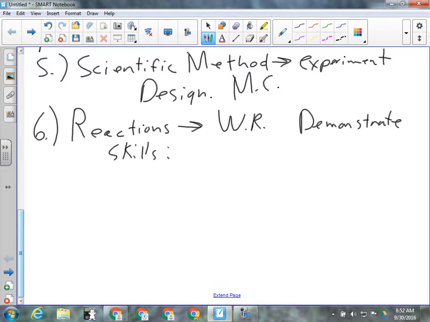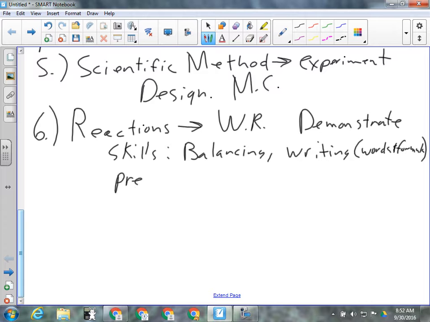And those skills are balancing, writing, and that would be words and formula, just like our quizzes and just like your assignment, and then predicting as well. If there's one thing that's worth more marks than any other thing on that test, it's that.